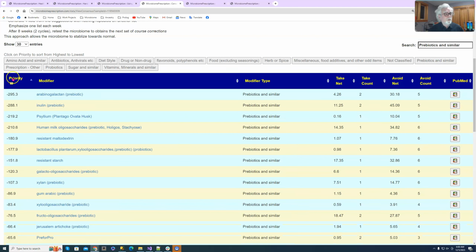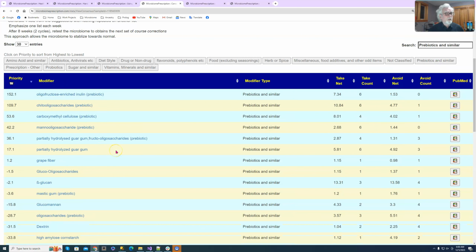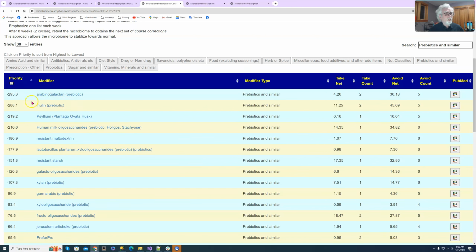Prebiotics, that's always a good one. Nothing made over the 200 threshold, so basically you could try some of those things. You may want to avoid things in this particular list, like inulin. Notice that when you pick different things, different priorities come up.